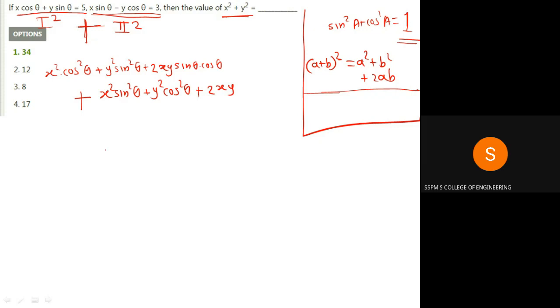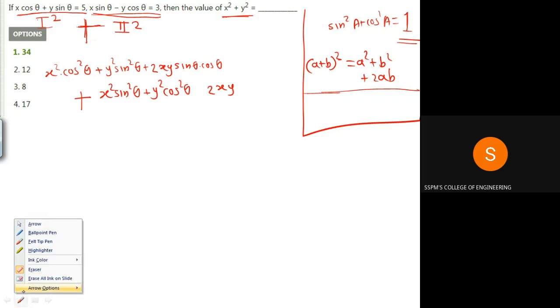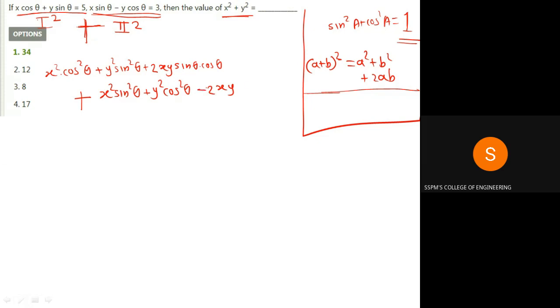2xy. Sorry, it is minus. This part will be minus 2xy sin theta cos theta. And this will be equal to 5 square plus 3 square.